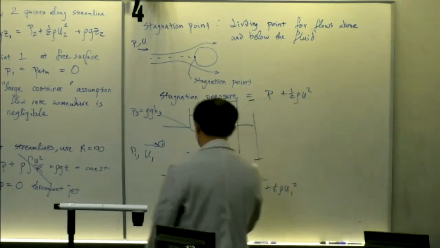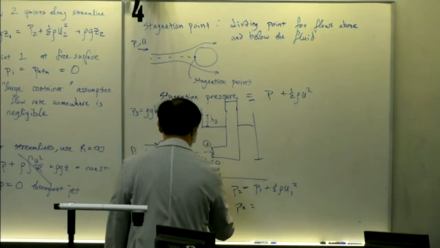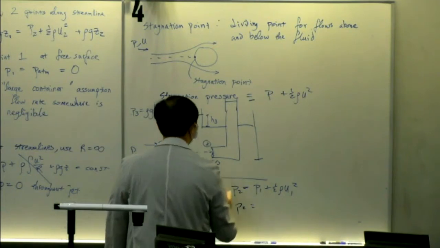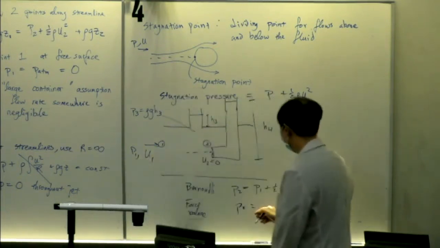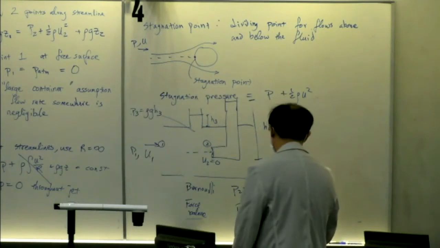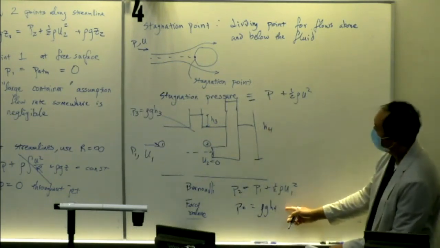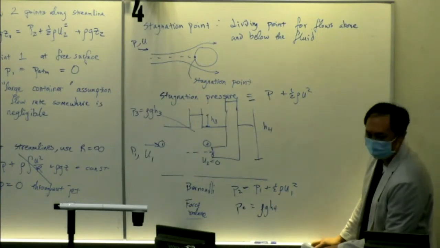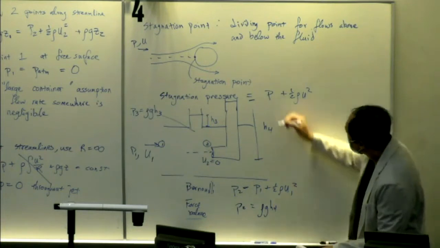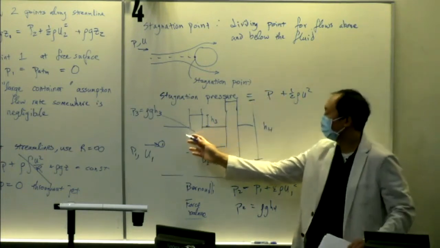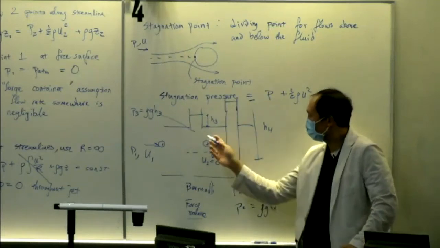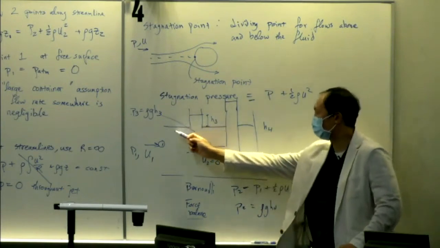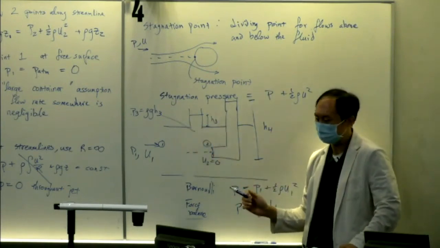One is from Bernoulli, and this is from force balance. We'll call this h4, so P2 is rho g h4. The reason it's higher is because you're not just measuring the pressure, you're also measuring the velocity. If your fluid is moving, that's necessarily going to be a little bit higher. So hopefully you see that even though these look like very similar systems, in this one you have a stagnation point, so you have much higher pressure. In this one, you just have fluid passing by, but it's still measuring the ambient pressure.